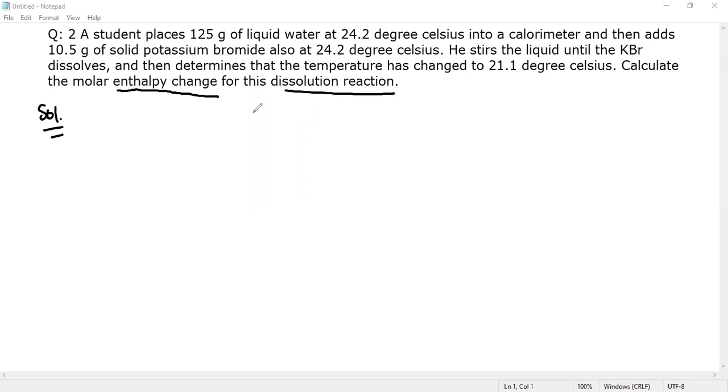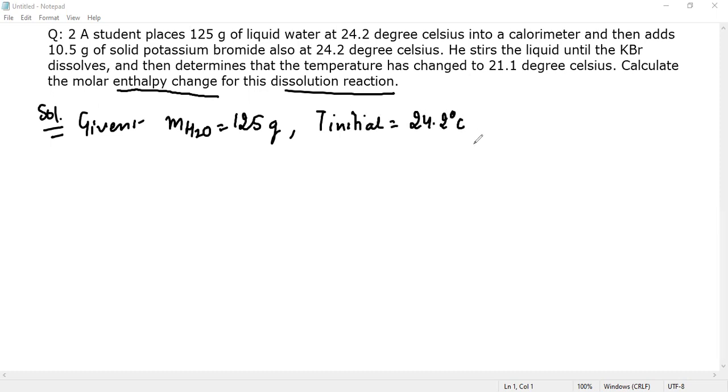Now let's go ahead and first pen down the given information. So given is the mass of water, I will write m H2O, it's 125 grams. Then T initial, the initial temperature, is 24.2 degrees Celsius.